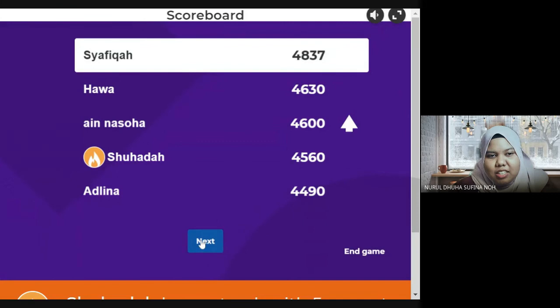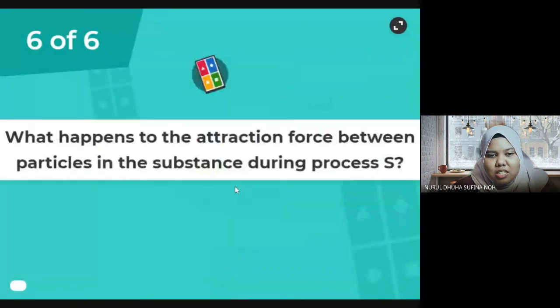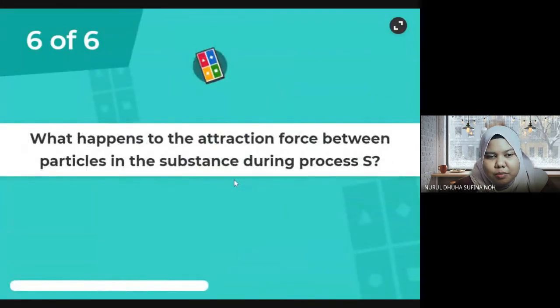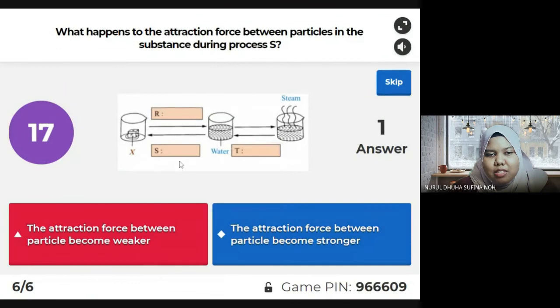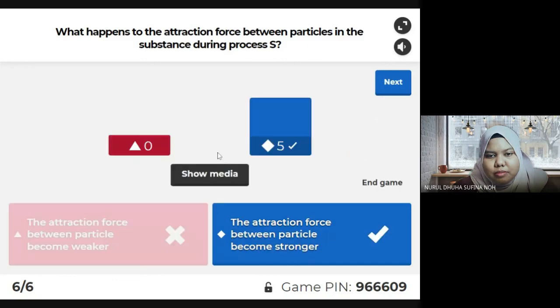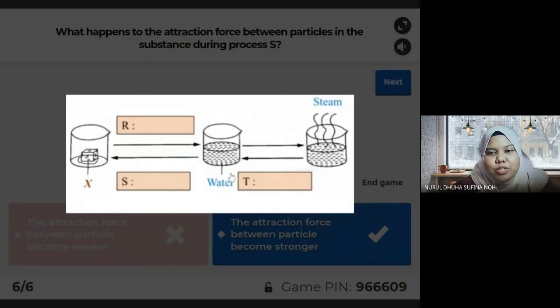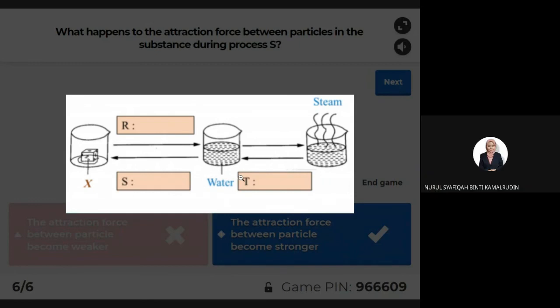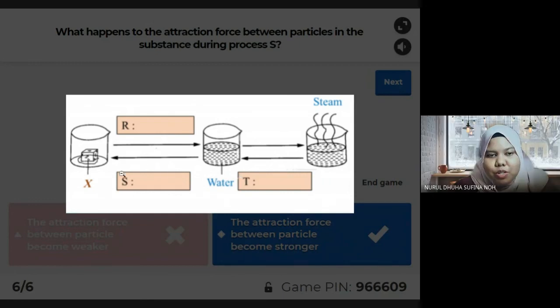Okay, last question. What happened to the attraction force between particles during process S? Yes, the attraction force between particles becomes stronger. I want to ask Shafika, why do you think the attraction force between particles becomes stronger during process S?